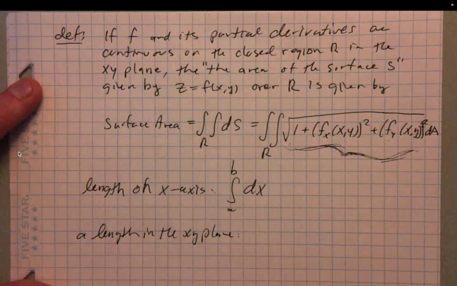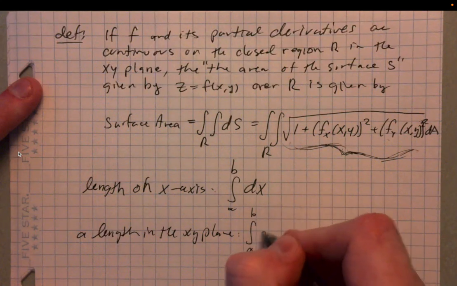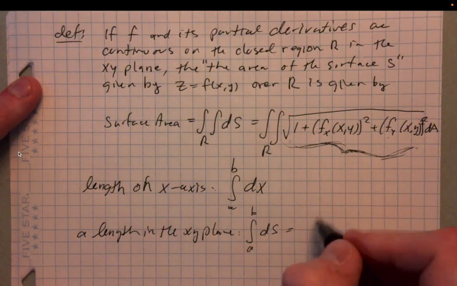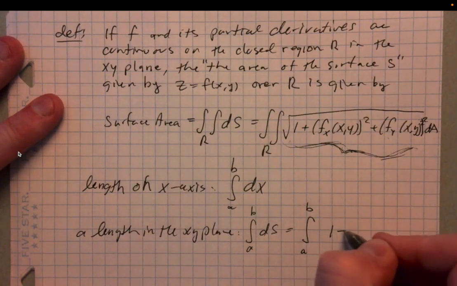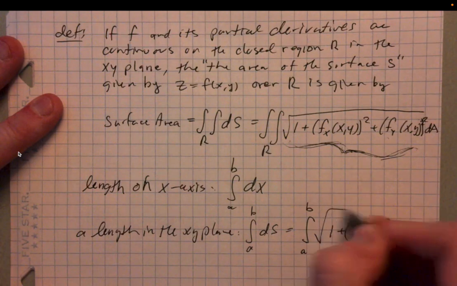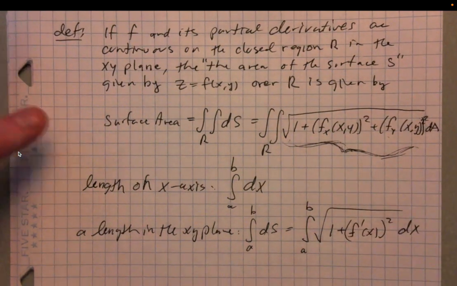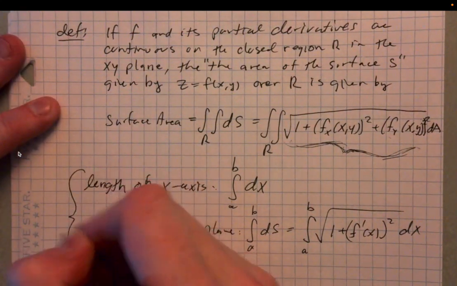To calculate a length in the xy plane, we would have said the integral from a to b of ds, which is the same thing as the integral from a to b of the square root of 1 plus f prime of x squared, dx. Remember, we squared the derivative and took the square root. This is what we did back in Calc 2.